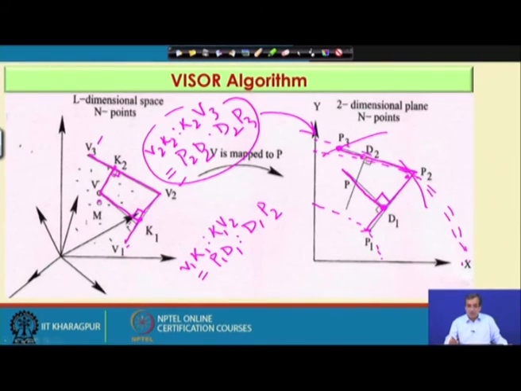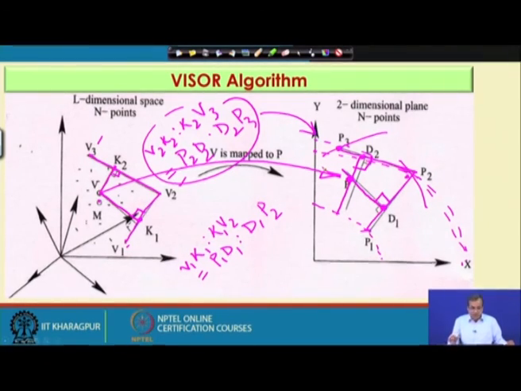Similarly, at the point D2, we draw another perpendicular to the line P2P3, and these two perpendicular lines are going to intersect at a particular point P. This P is actually nothing but the point V in higher dimension. So, this particular point V in LD space is mapped to the point P in 2D plane, and the same principle we will have to follow for the remaining data points.